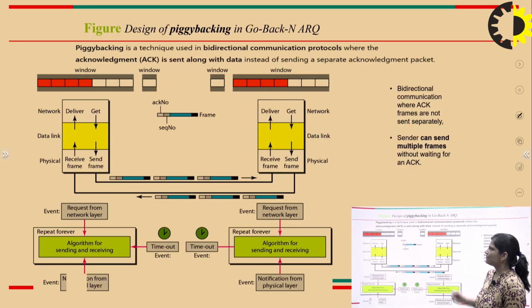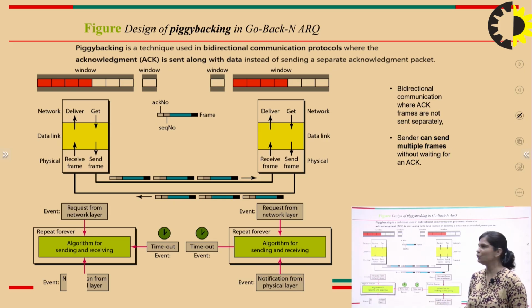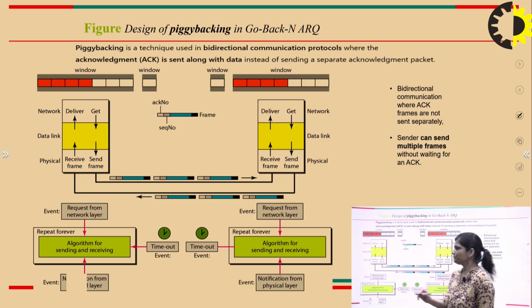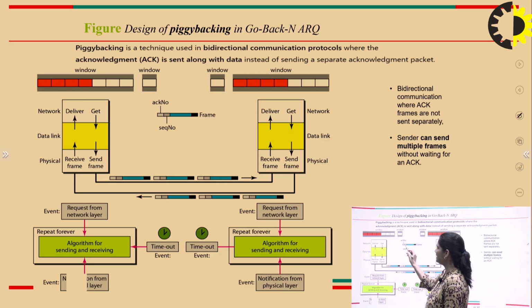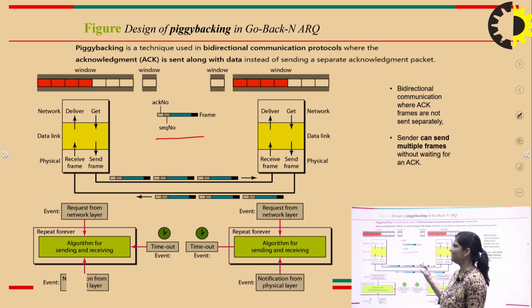Now there is also a topic in go-back-N ARQ: piggybacking. What do we mean by piggybacking? It is a technique used for bidirectional communication between sender and receiver. When we send data from sender to receiver, with that we also send an acknowledgement number. This is a frame where we have a sequence number and an acknowledgement.